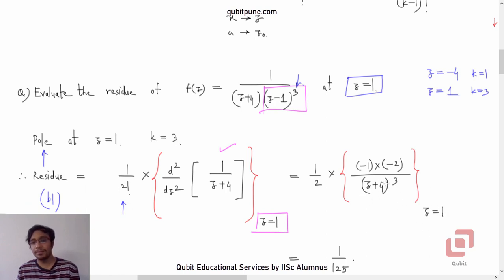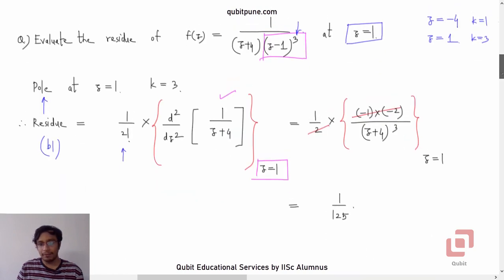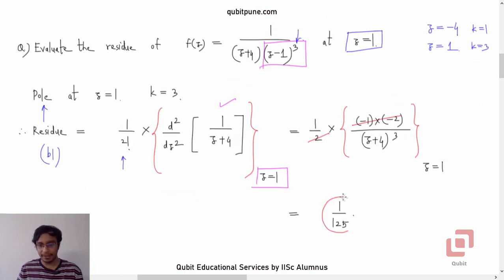Substitute z equal to 1, so it is going to be 1 upon 2 into 2 upon 125, or cube of 5. 2 will get cancelled, and we will have 1 upon 125. So this is b1 now. If we were to find the Laurent series expansion of f of z about z equal to 1, then the coefficient of 1 upon z minus 1 would be 1 upon 125.